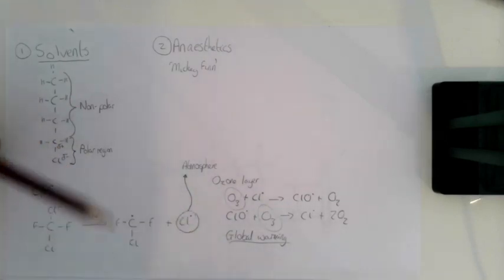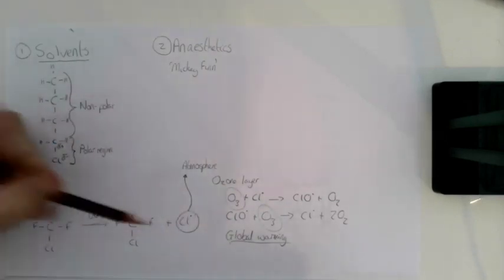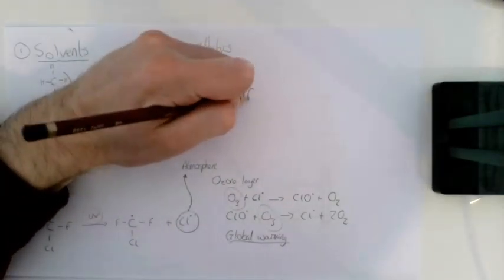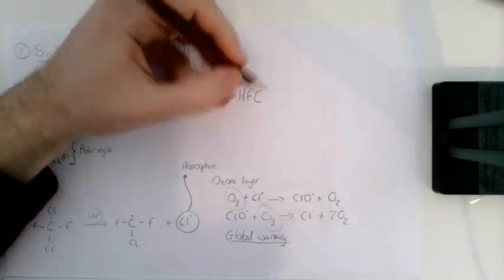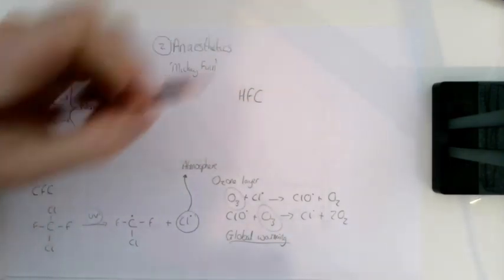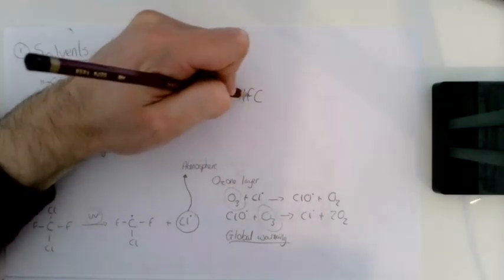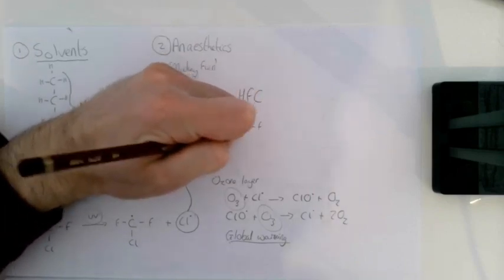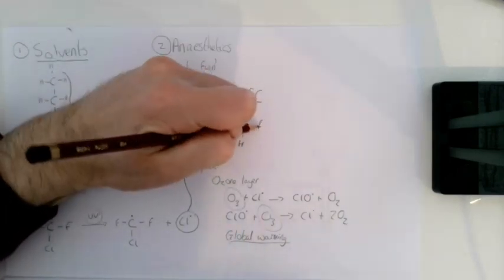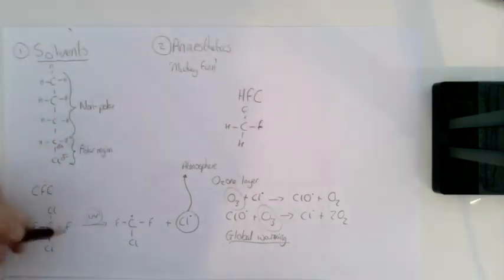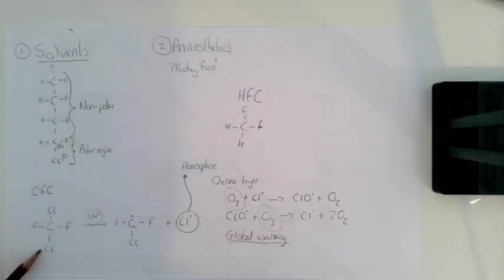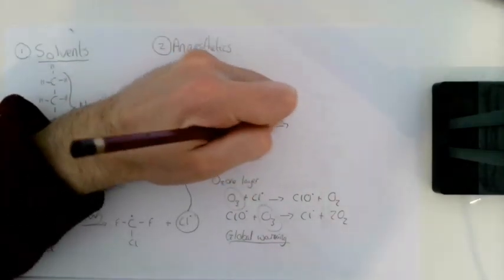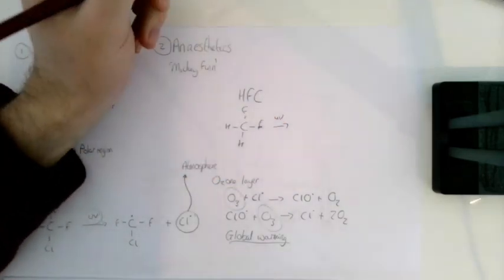So the solution to all of this was something called a HFC, which involves replacing the chlorine with a hydrogen. So hydrofluorocarbons this time. So a hydrofluorocarbon might be, I'm just making this up, something like that. So you've only got hydrogen and fluorine. Now, because you haven't got the chlorine bond that we had previously, when you expose it to UV light, nothing happens.